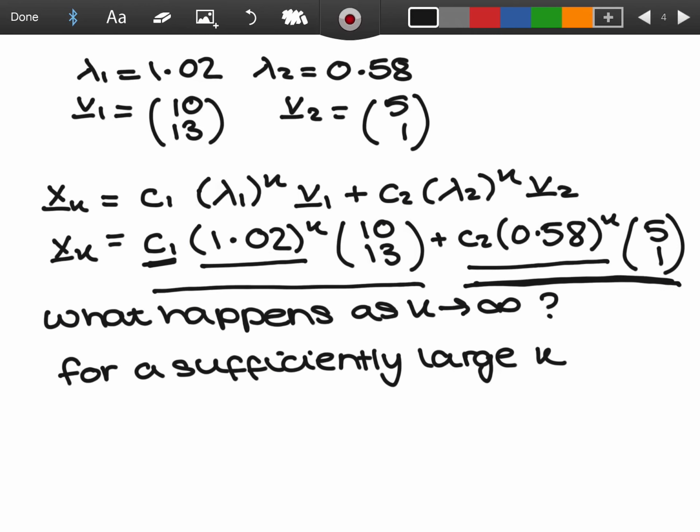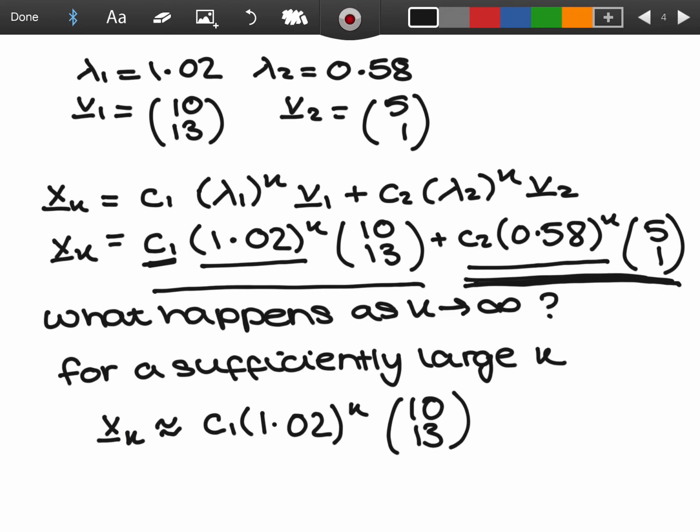And for a sufficiently large k, xk is going to approximately equal C1 times 1.02 to the k times (10, 13), because this other term is going to go towards 0. It's going to be very small, very insignificant in the grand scheme of things. So for a sufficiently large k, this is what we have.